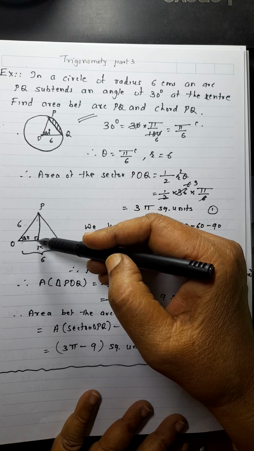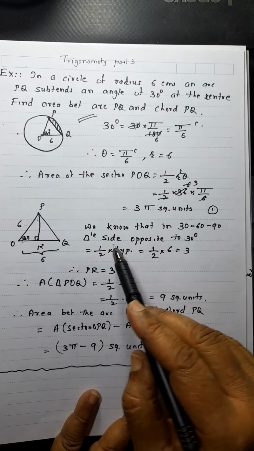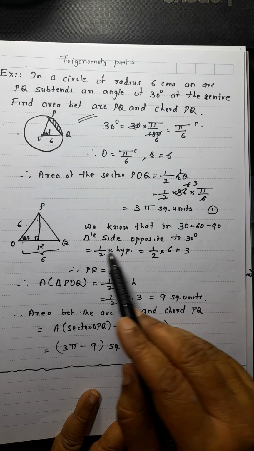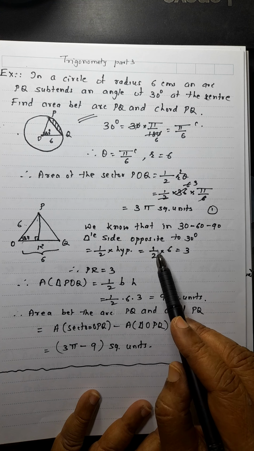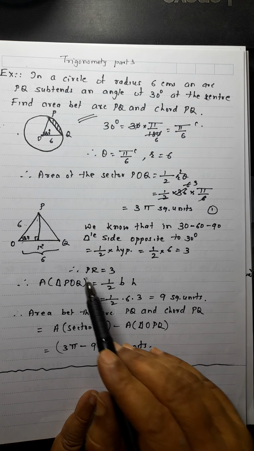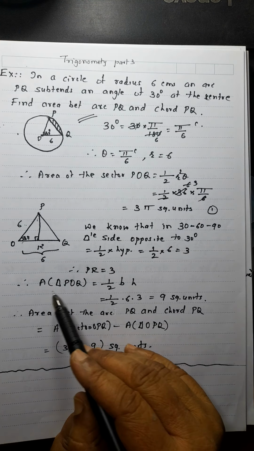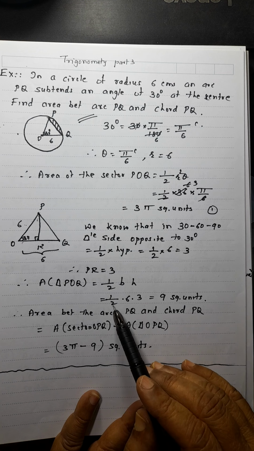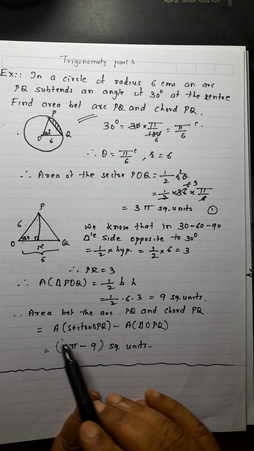So this is opposite to 30 degrees, so it is half of 6, that is 3. So PR is 3. Now area of the triangle is half base into height. Base is 6, into 3, halved, it will become 9 square units.